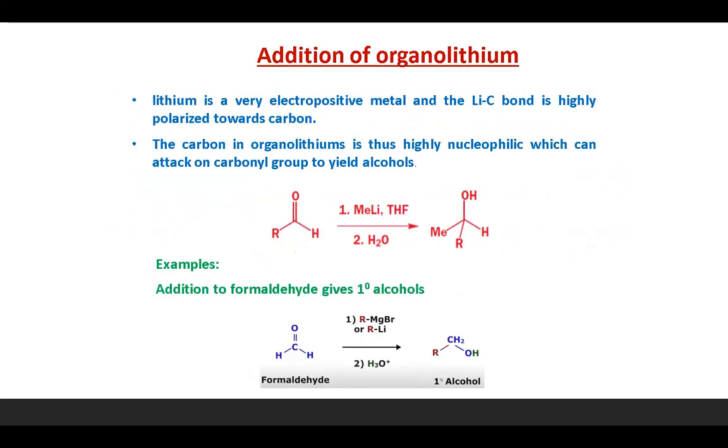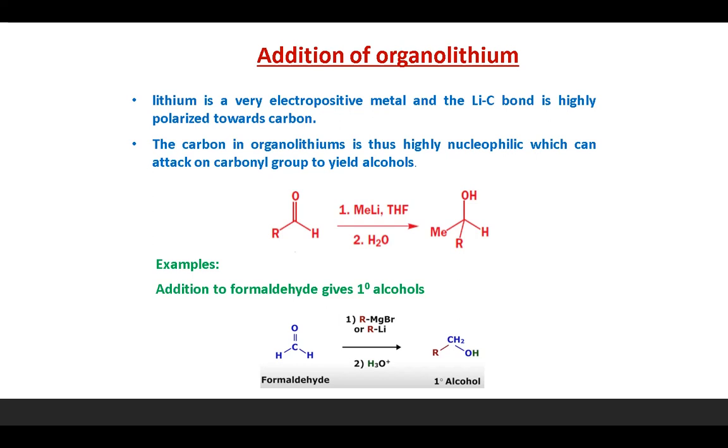Addition of organolithium. As discussed earlier, lithium is a very electropositive metal, and the lithium-carbon bond is highly polarized towards carbon. So, the carbon in organolithiums is highly nucleophilic, and can attack the carbonyl group to yield alcohols, as the most common examples, as shown here.